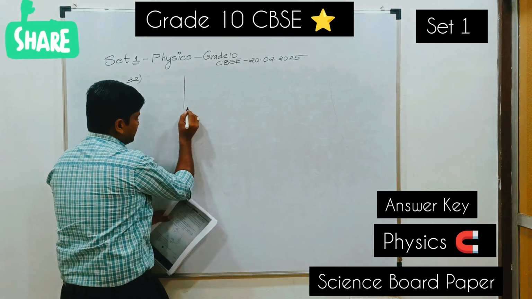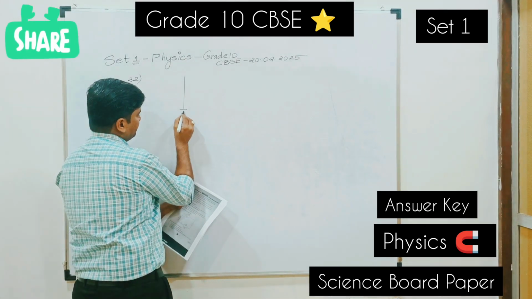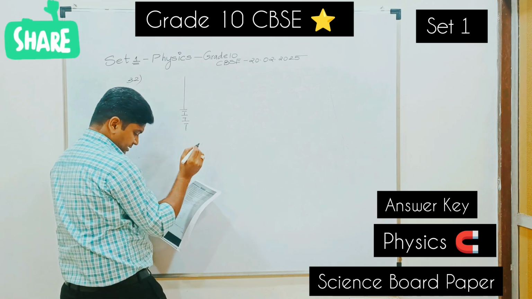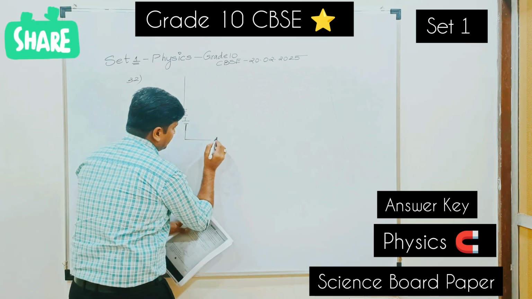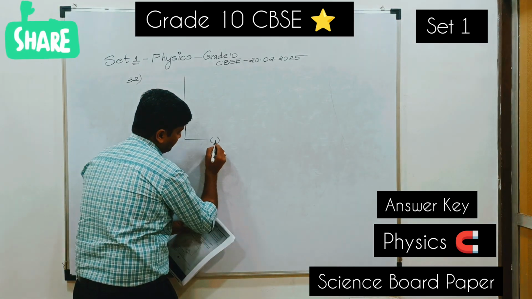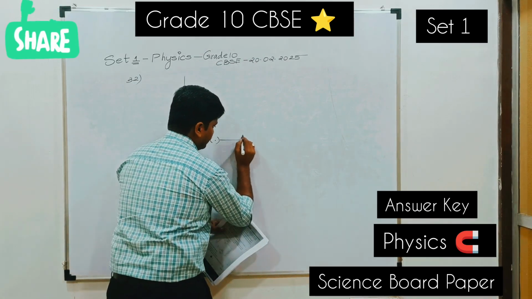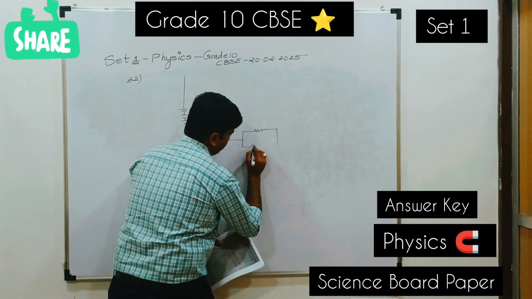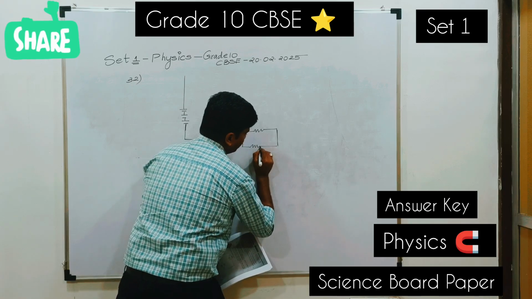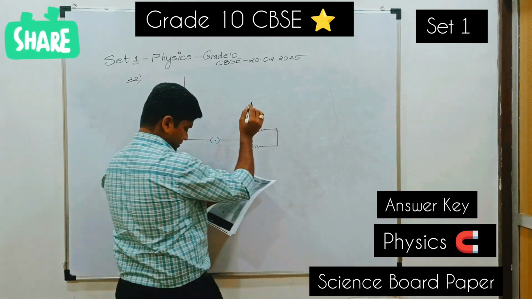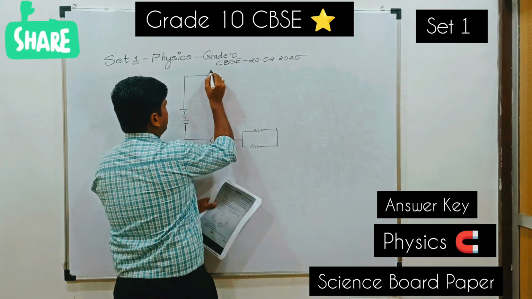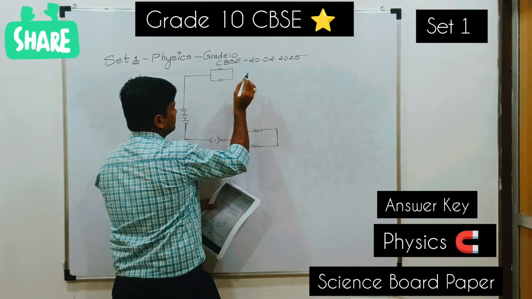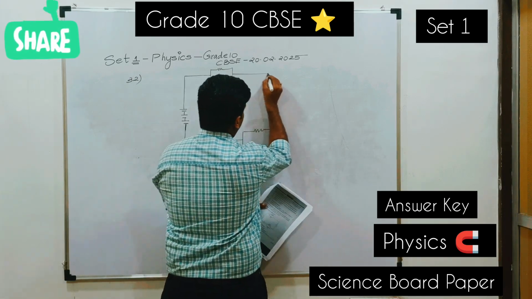This is a battery, then connected to a plug key. Then I got two resistors here. Then it goes here. Again, I got two resistors here. Now it comes ahead.